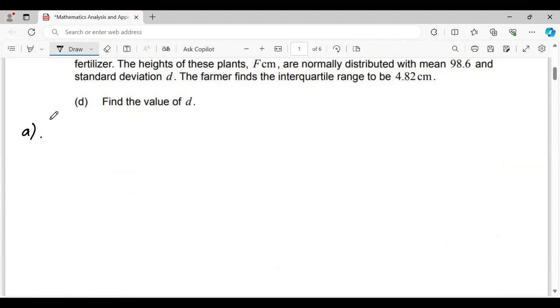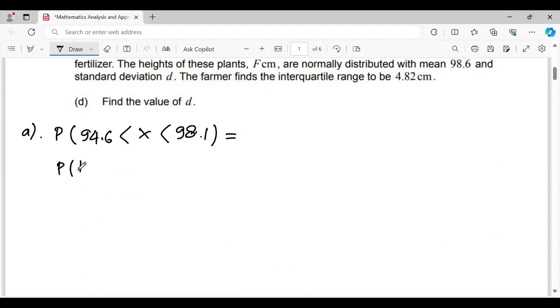So A, the probability of X between 94.6 and 98.1.